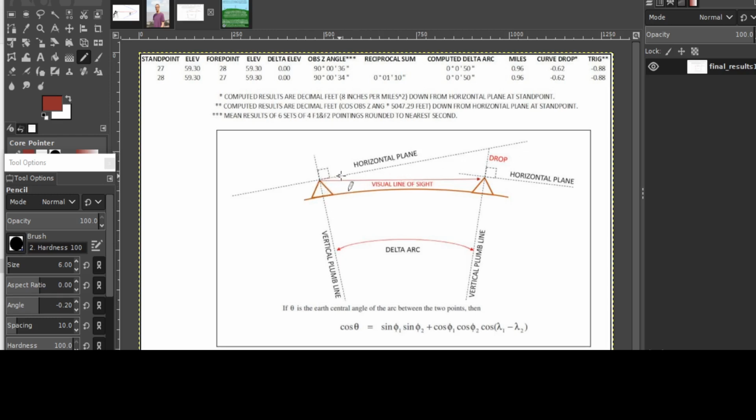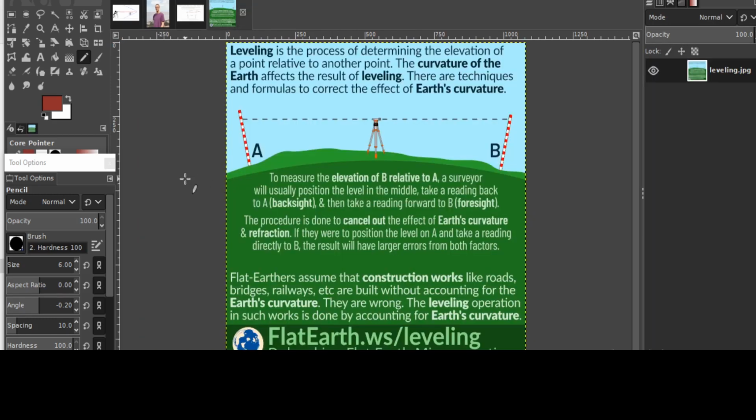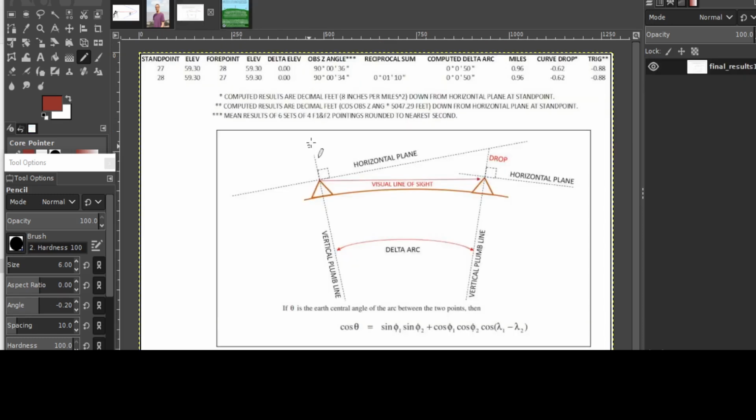So you can see what's happening here is this assumption of a horizontal plane is getting further and further apart from the visual line of sight. So of course that translates into a drop, as I showed here, a drop from the line of sight. That's all it is. So again, there is no contesting the numbers. I'm sure the maths is very accurate and you're getting very accurate results.